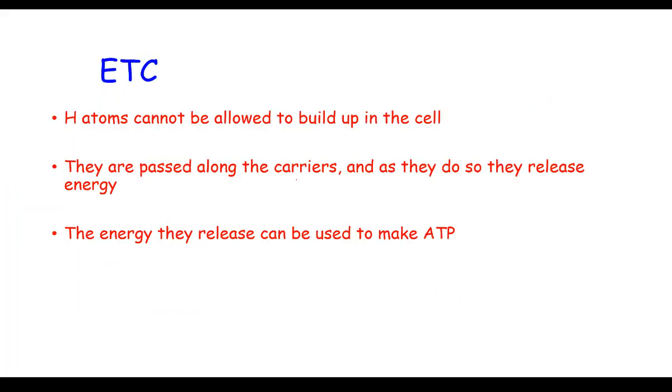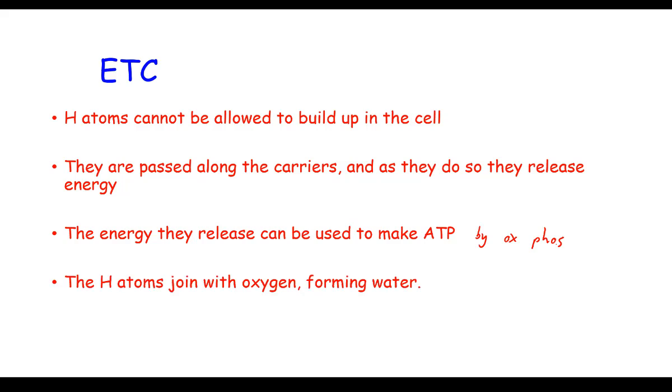And then because they're passing the hydrogen to successively lower energy levels, the energy they release can be used to make ATP by oxidative phosphorylation. And then the hydrogen at the very end joins up with oxygen, forming water. And water is the byproduct of respiration.